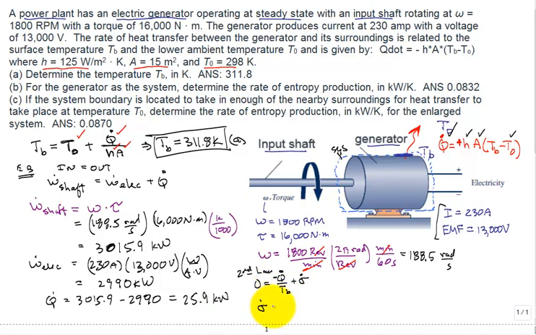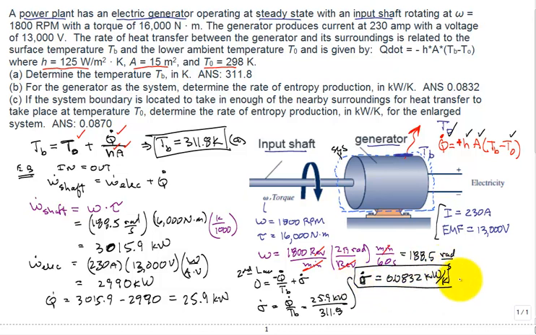So sigma dot is equal to Q dot divided by TB. And we already calculated 25.9 kilowatts. And our boundary temperature has to be in Kelvin, 311.8. And we find that sigma dot, the rate of entropy production, is equal to 0.0832 kilowatts per Kelvin.